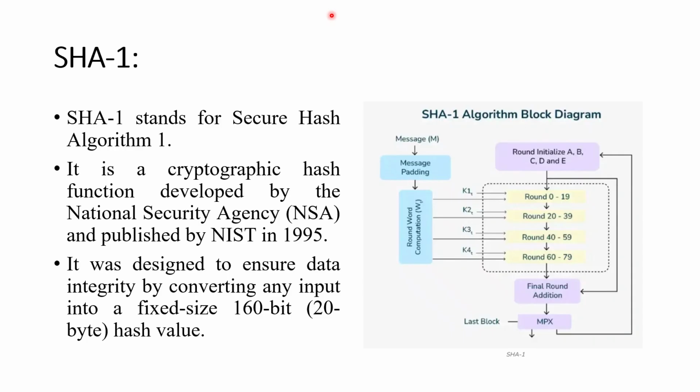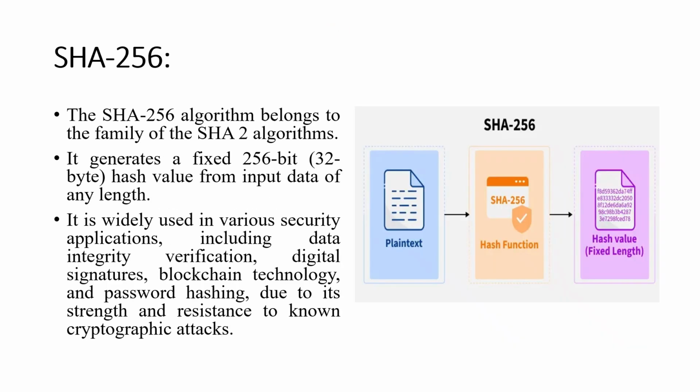It was designed by NSA and published in 1995. It was once widely used for data integrity, and it is now considered insecure due to collision vulnerabilities, and it has been replaced by standard SHA algorithms, which is SHA-256.